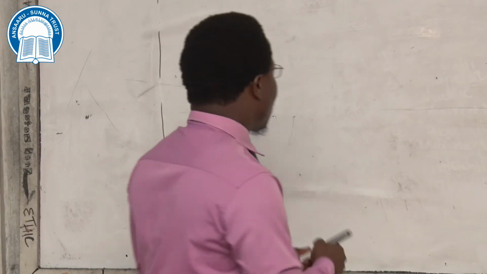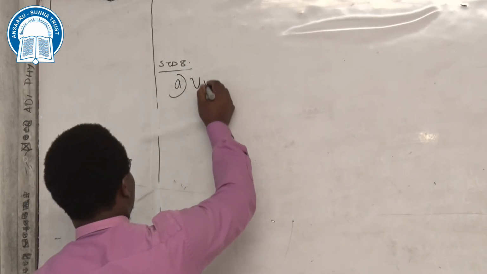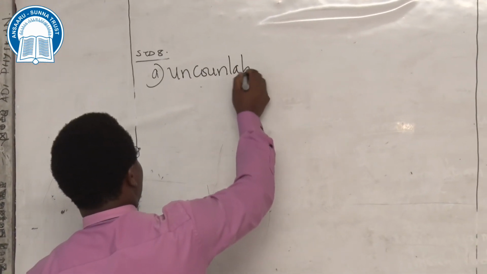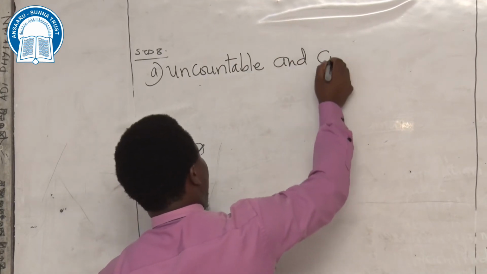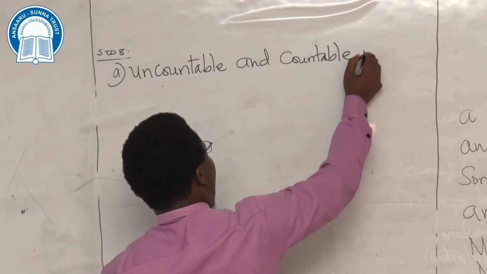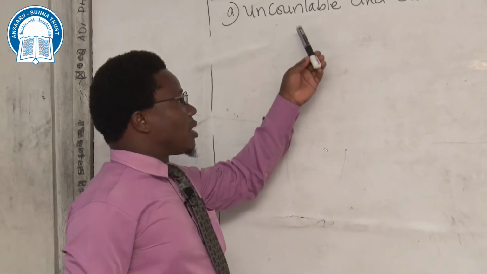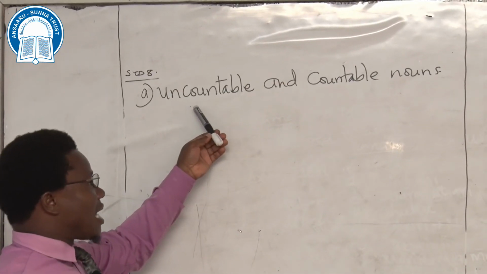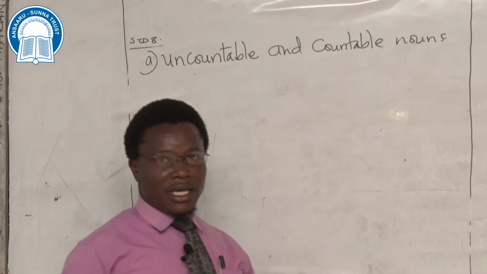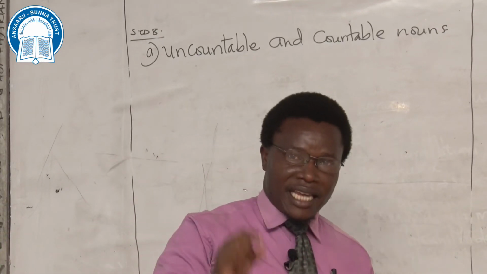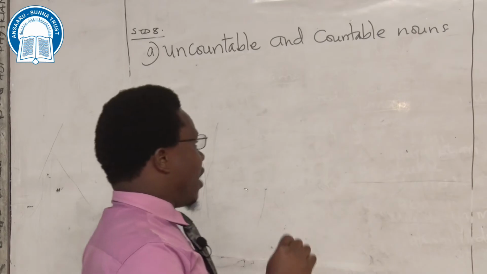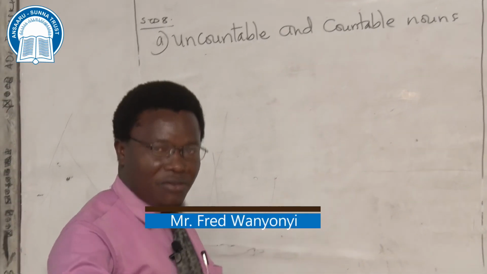But before we refer to them as singular and plural, or in singular forms and plural forms, first and foremost, find out what uncountable and countable nouns are. It is out of these two groups of nouns, uncountable and countable, that we shall be able to identify if these nouns can take both singular forms and plural forms.